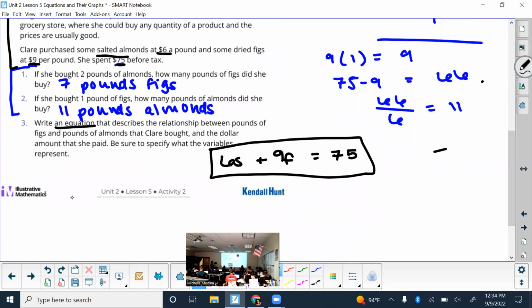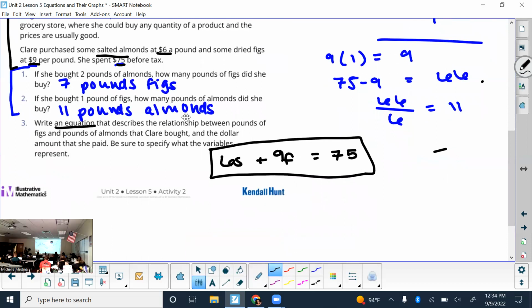Like if I was solving for the pounds of almonds, like in the second one, I would plug in that one into the F, because the one here represents pounds of fig.